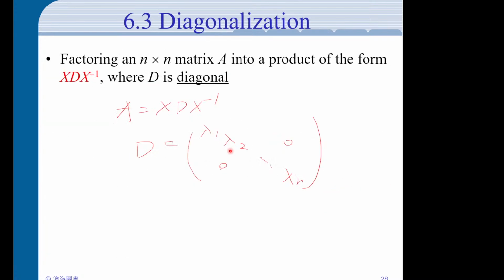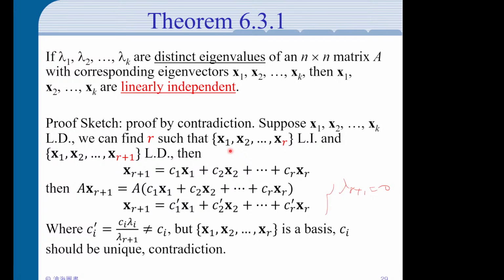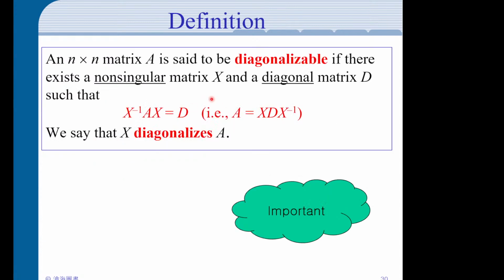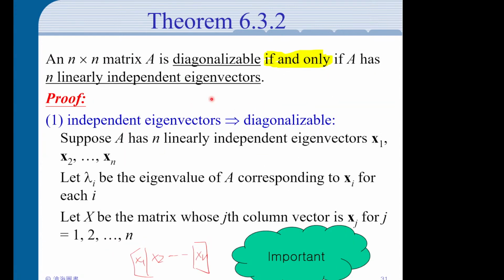Then we start giving theorems that tell you when diagonalization is possible. First is theorem 6.3.1, which says that if all the eigenvalues are different, then the matrix A is diagonalizable because the eigenvectors are going to be linearly independent.